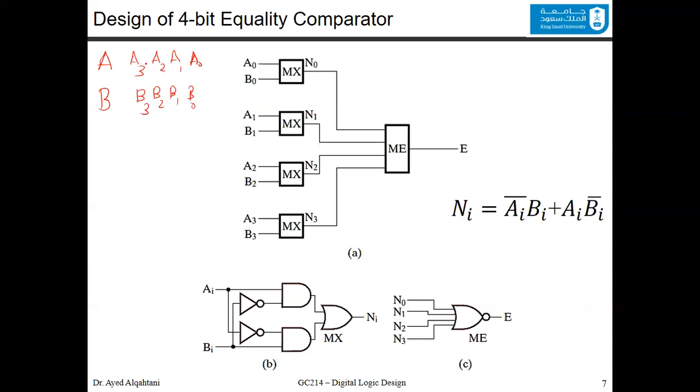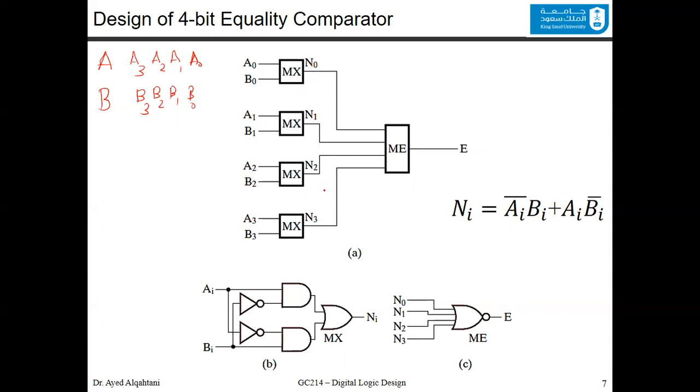We want to check if they are equal to each other. So we have this block called MX. We will give A0 and B0 to check if they are equal or not, and we will generate N0. Similarly for A1, B1, A2, B2, and A3, B3.